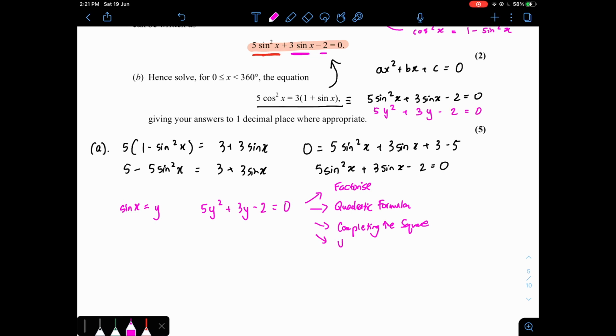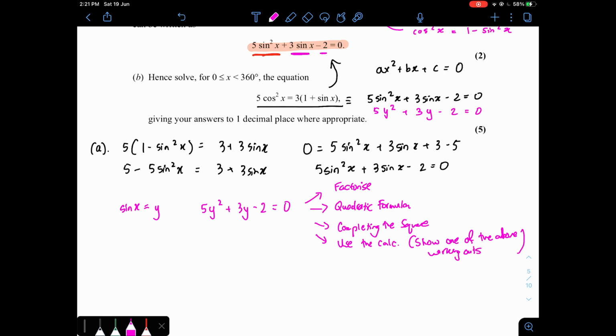So when you use your calculator to find the answer, show one of the above working out, just to be on the safe side.